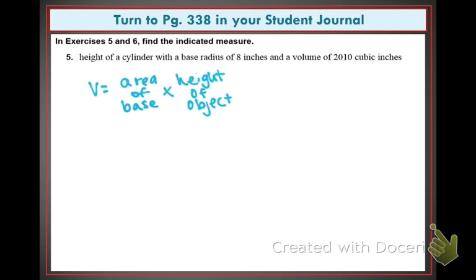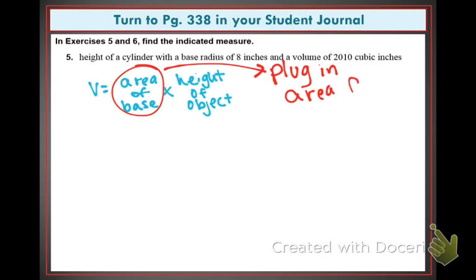So something that you could do to make this easier, instead of writing area of the base, you'll actually plug in the area formula for whatever shape it is. So I would write that down. So instead of putting the area of the base, you're going to plug in whatever the area formula is.